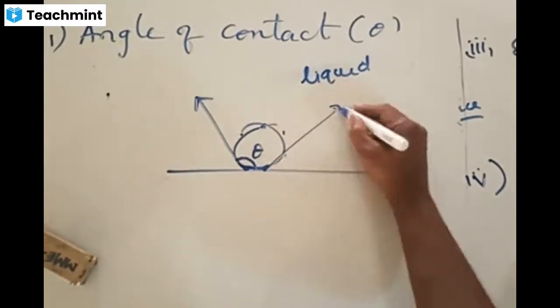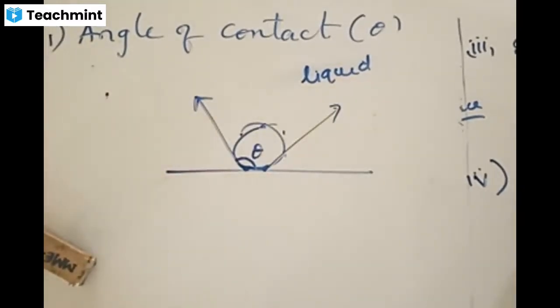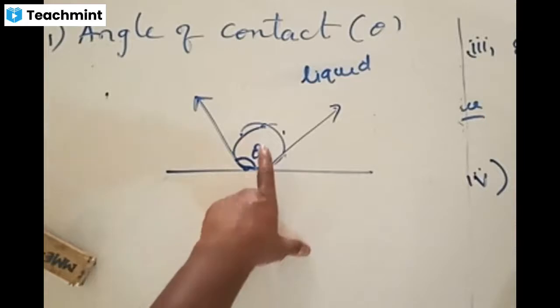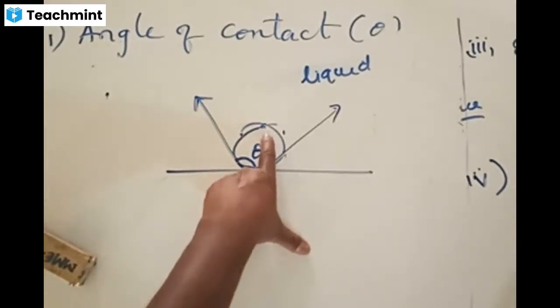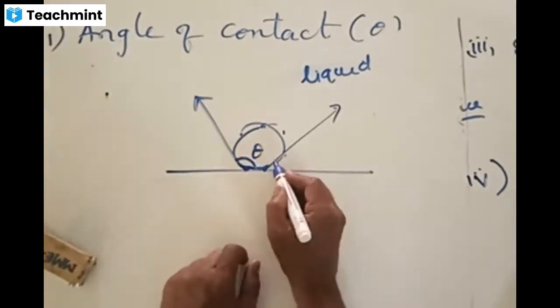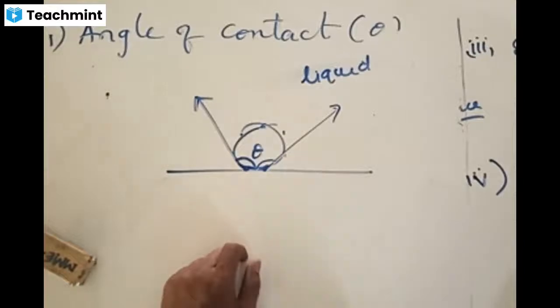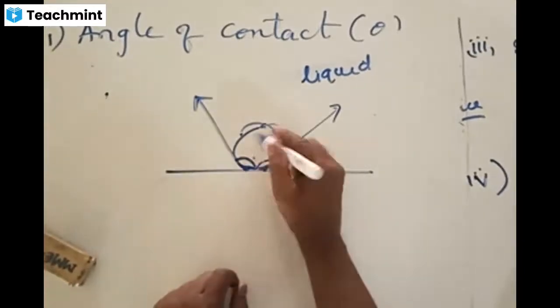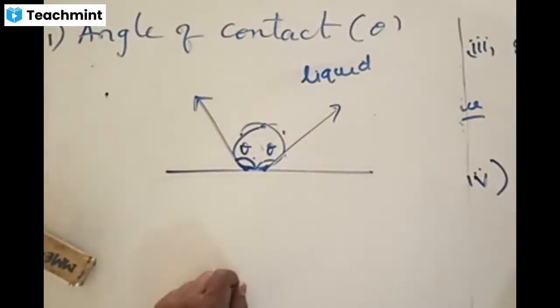At this point also you can draw the tangent, taken inside the liquid onto the solid surface. This is theta, this is also theta. Both would be the same. That is the angle of contact. The concept clear?